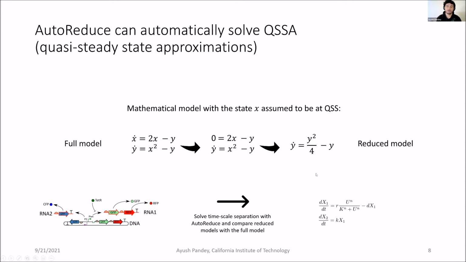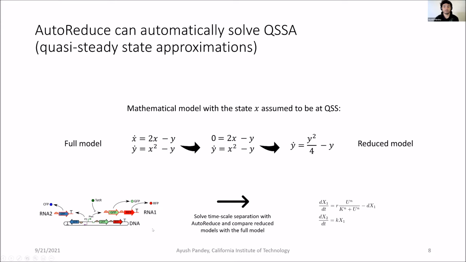But more importantly, AutoReduce goes one step ahead, because we might not know what species are at quasi-steady-state. So we might want to explore all possible combinations of the reduced models. AutoReduce lets you do that and then compare different reduced models with each other so that you can make the choice of the perfect reduced model given the parameter values of the full model.